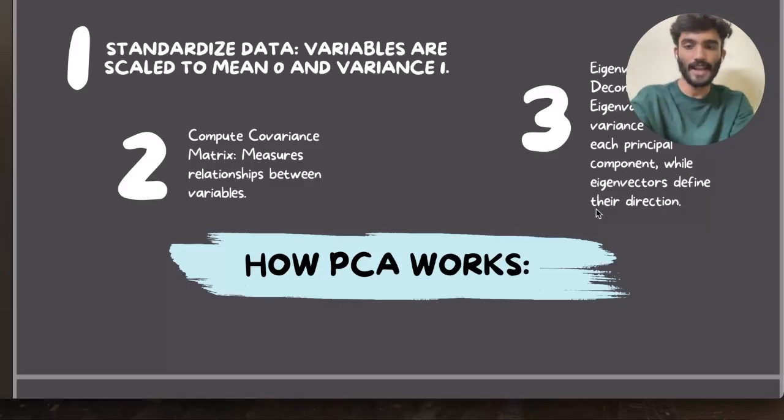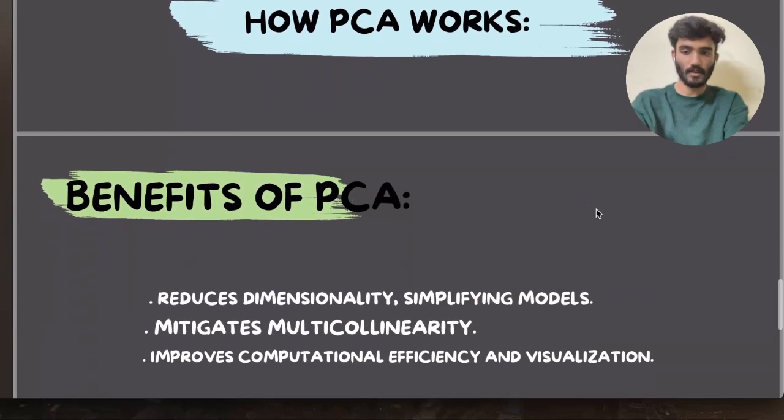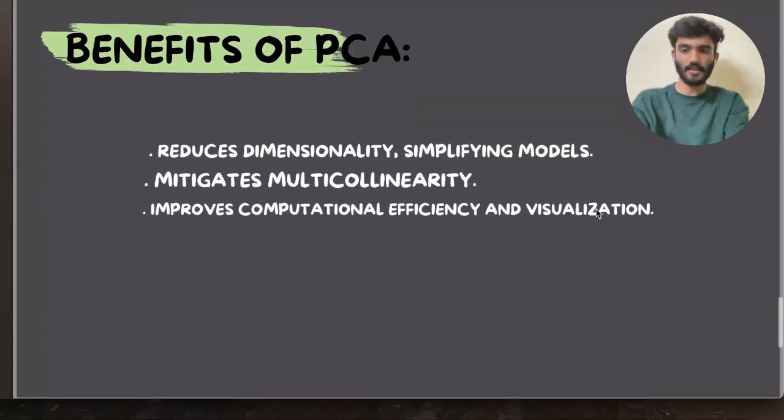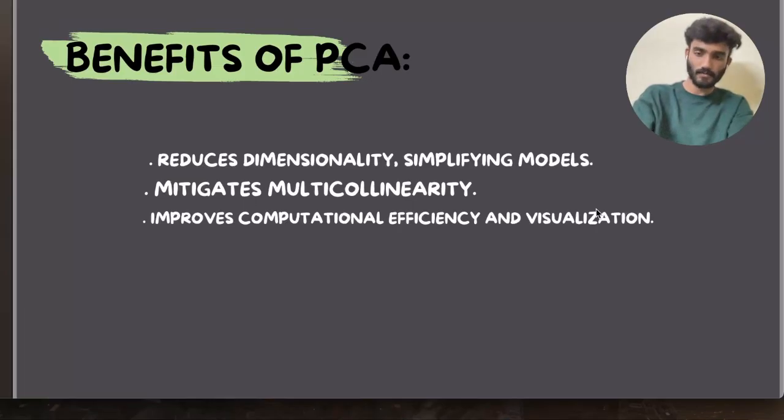And the fourth step is selecting components. We retain components that explain, say, 95% of the variance. Here the explained variance ratio shows how much variance each component captured, and the scree plot helps decide the optimal number of components.